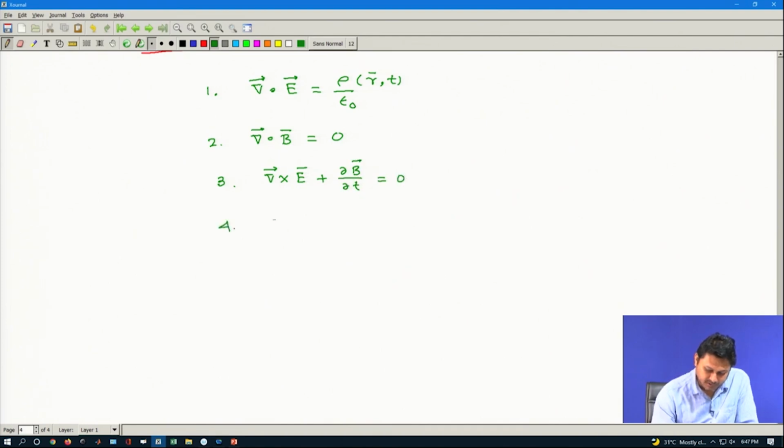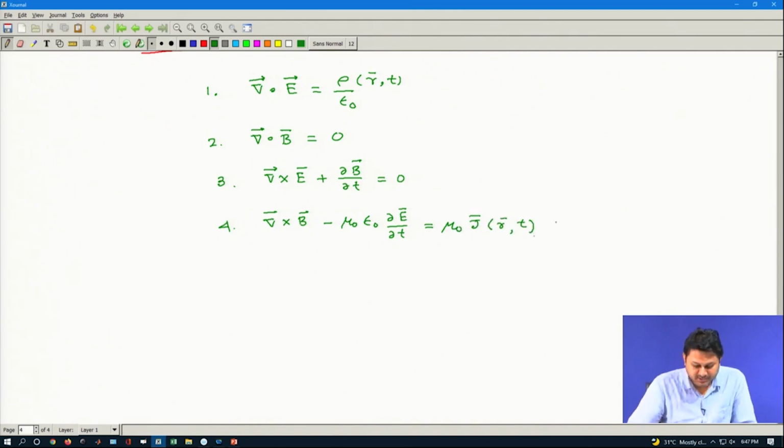And the fourth is curl of B minus mu 0 epsilon 0 del E del t equals mu 0 J(r, t).